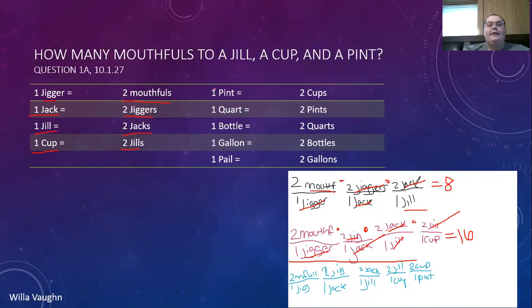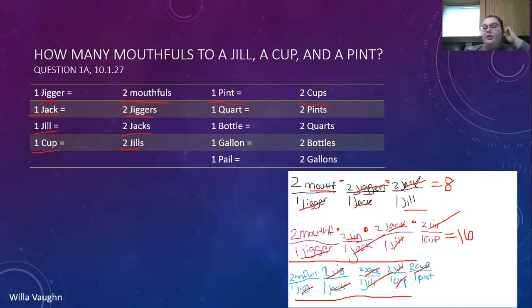Now the third one is going to be how many mouthfuls to 1 pint. And again, the same thing with the second one. We're going to have the first 4 conversions be the same as the first and the second one. And we're just going to have 2 cups equals 1 pint added. So again, we're going to get rid of the jiggers, the jacks, the jills, and the cups.